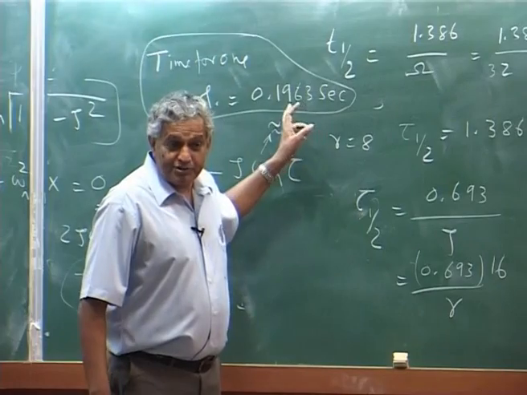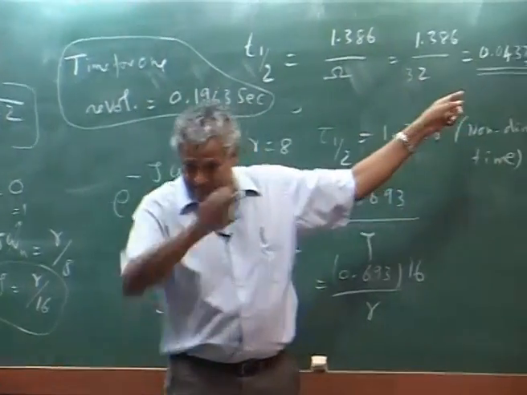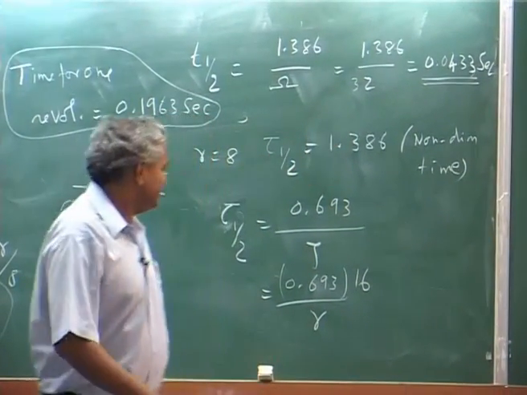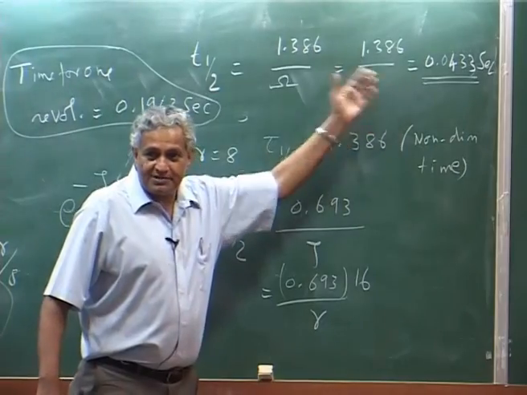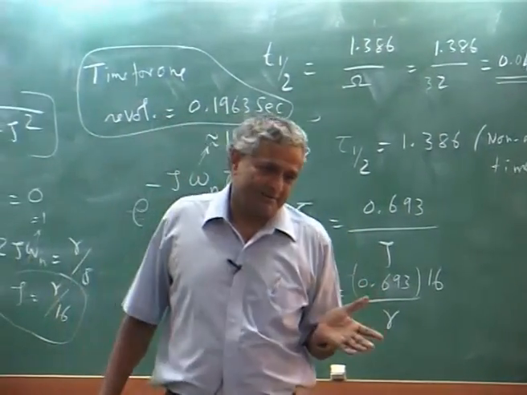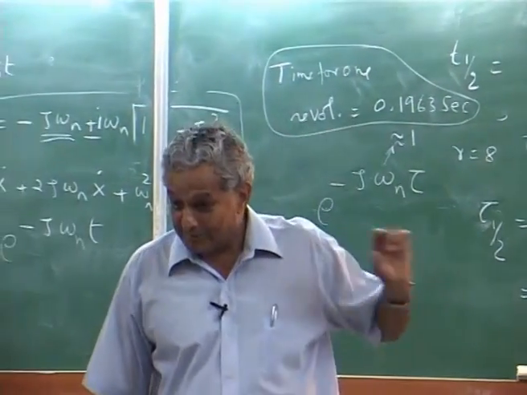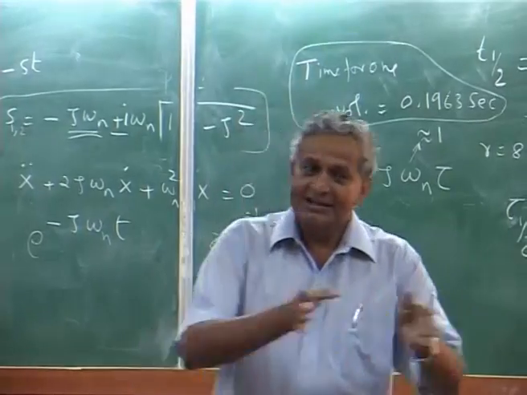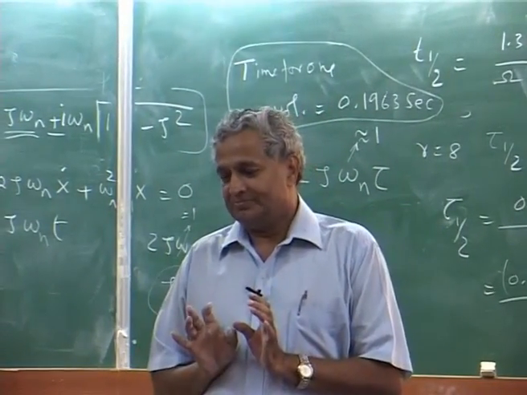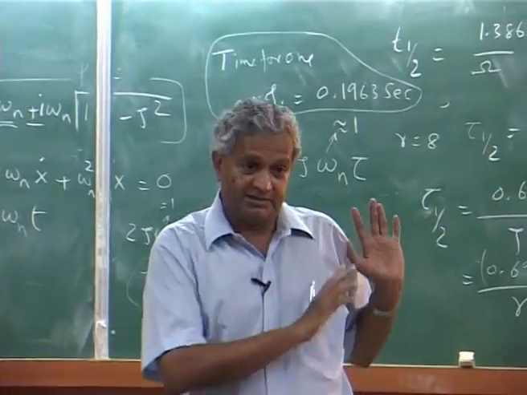In one revolution it takes about 0.2 seconds, whereas the flap decay time constant comes to that small value 0.04, which is about 20% of this. It means very quickly it responds. This is the beauty of the flap, and this number is the one which makes further analysis simpler, and you start analyzing flight dynamics based on this.